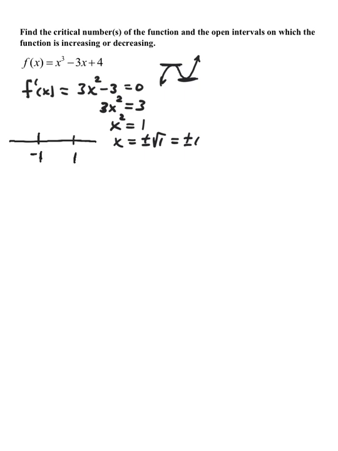Like we did on the previous problem, we're going to pick test numbers from each little area. Something smaller than negative 1, something between negative 1 and positive 1, and then something larger than positive 1. You pick a test number from each interval separated by your critical numbers. We want to know the rate of change, so that's going to go into the derivative.